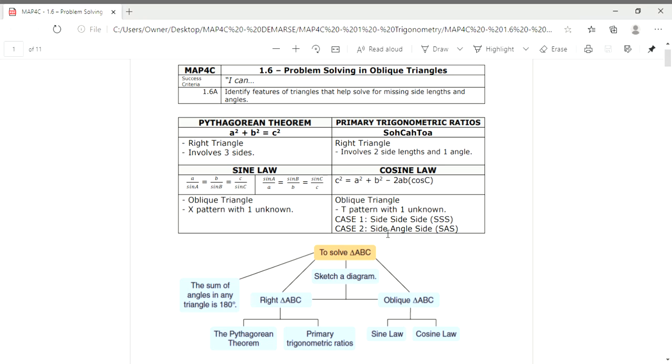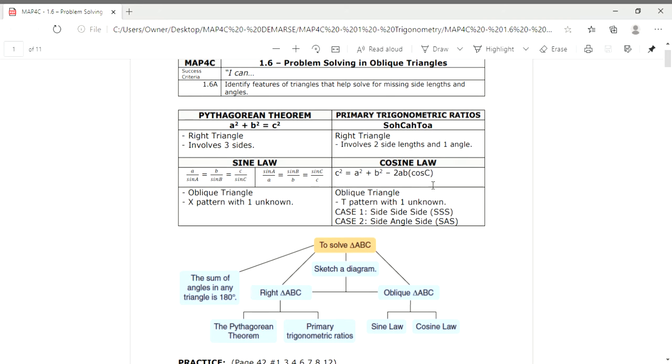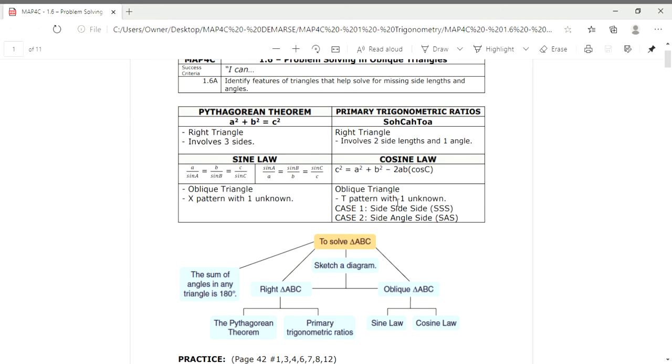One where we have a side, then an angle, and then another side in a row. Or secondly, if we have all three sides but no angles, side, side, side. And in that case, we can use a rearranged version of cosine law with cos c just on one side that we talked about in the previous note in 1.5.